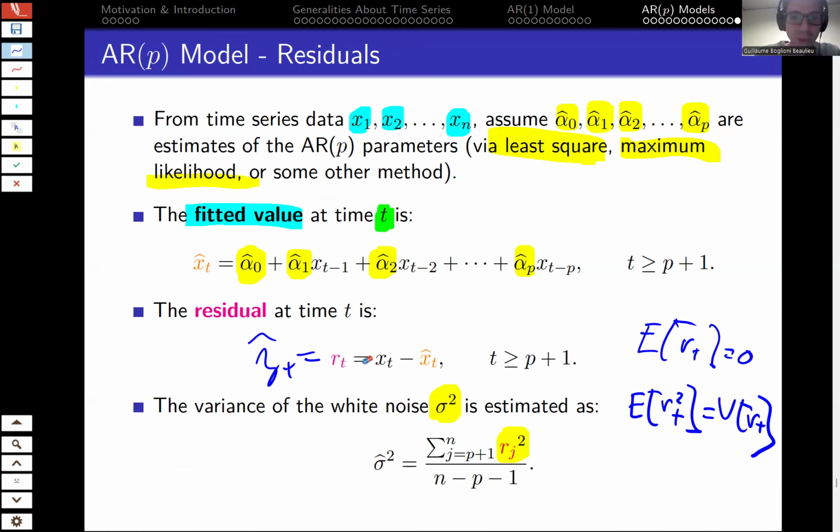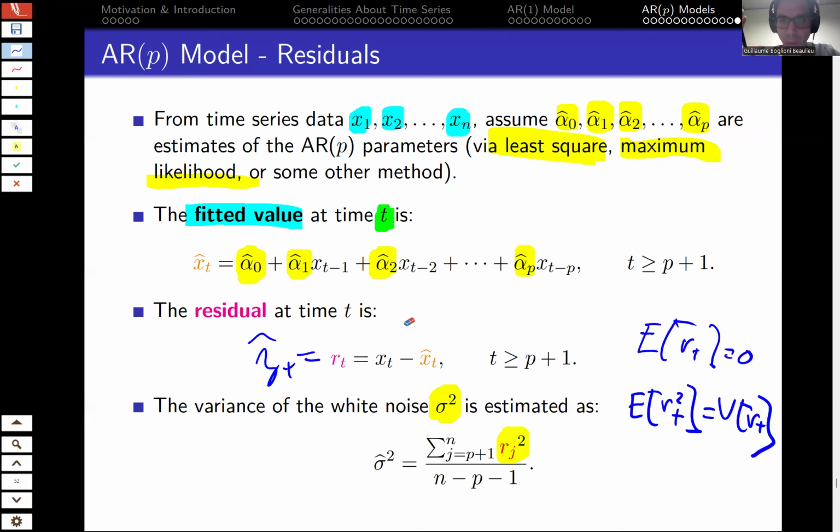So you could say R1, R2, and so on, or sorry, the residuals are defined only for t bigger than p+1. But this series of residuals, you can view it as its own time series. It's observations over time, so it's a time series. Now, if your model is good, the residuals should look like a white noise, right?